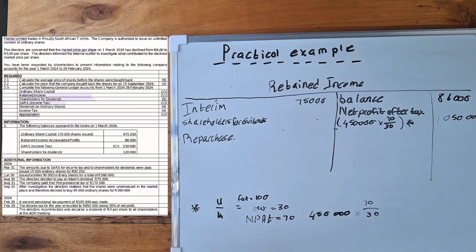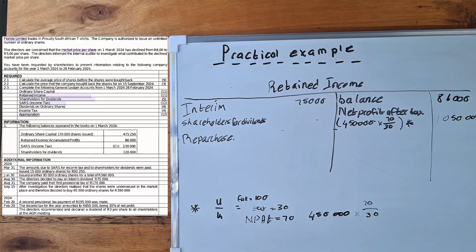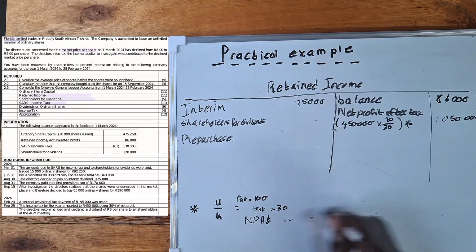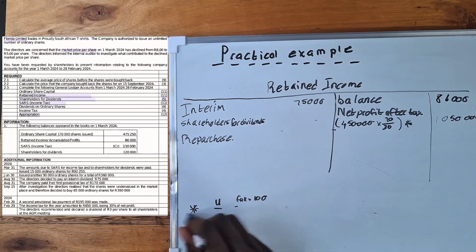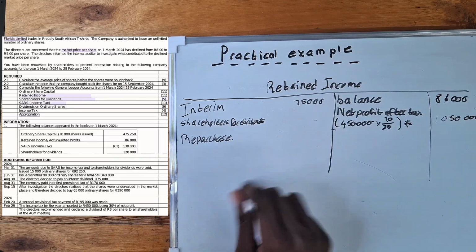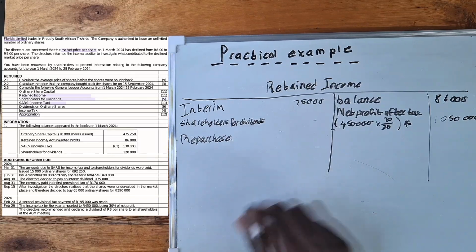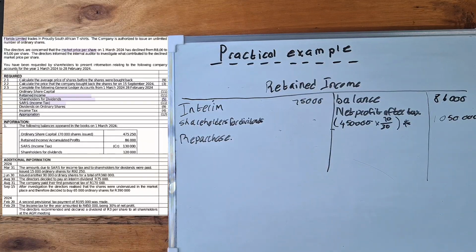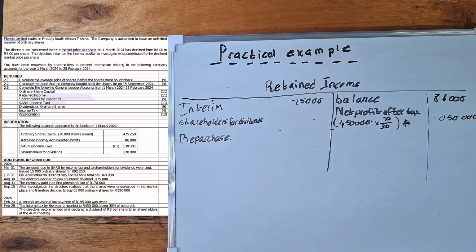It says that the directors recommended and declared a dividend of 3 rands per share to all shareholders that were at the general meeting. So in a case like this, with the final, you know that it's given at the end. So if there were any shares that were bought back, then you must exclude them.